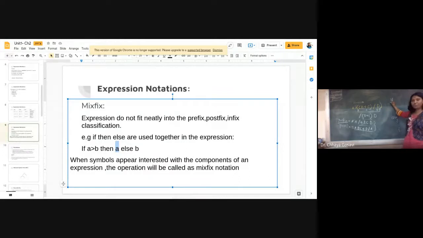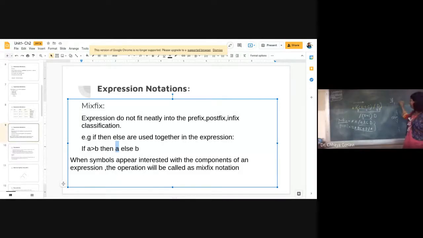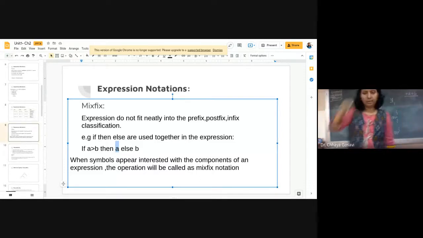If is operation, then operand. Then again else is operation, this operand. So we cannot call it prefix or postfix or infix. Or we can have multiple else. Or we can just have if part. Like this. Okay, ma'am.